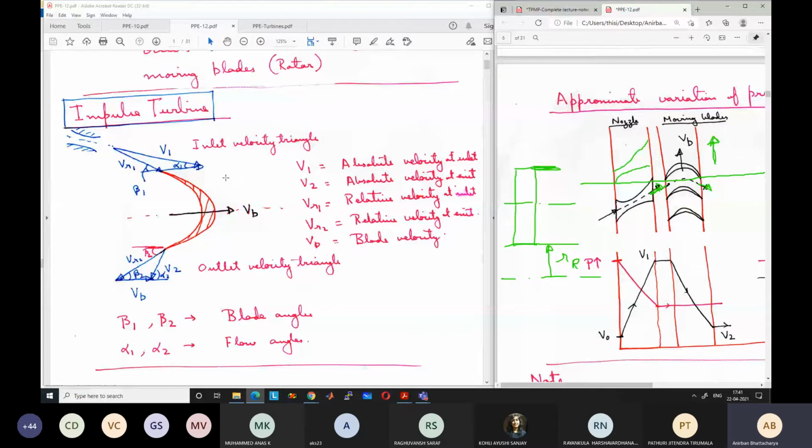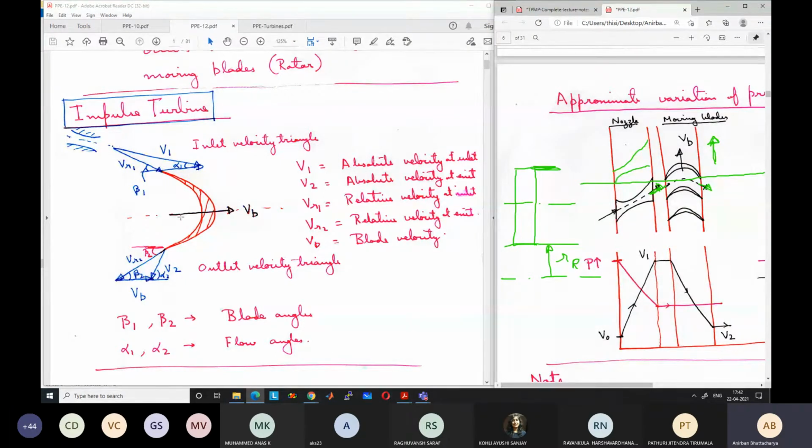V1 is known as the absolute velocity at inlet, and alpha 1 is known as the inlet flow angle. However, if you are sitting on the blade, with respect to the moving blade the velocity looks different, right?